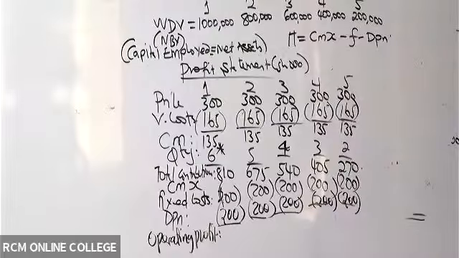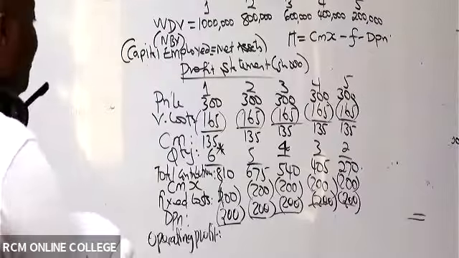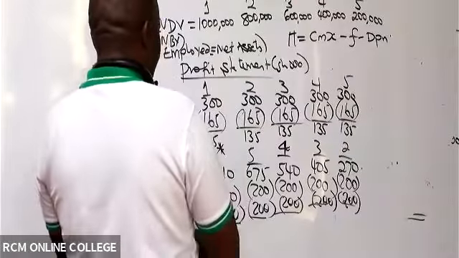So operating profit, ladies and gentlemen, that I'm able to see there pretty fast, which my students have been able to give me. The first one is 410.